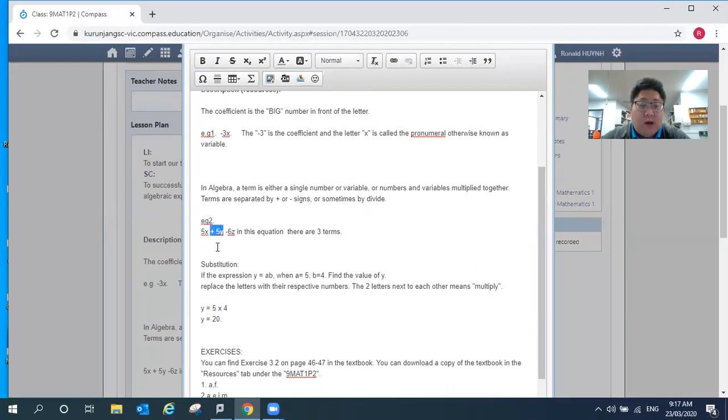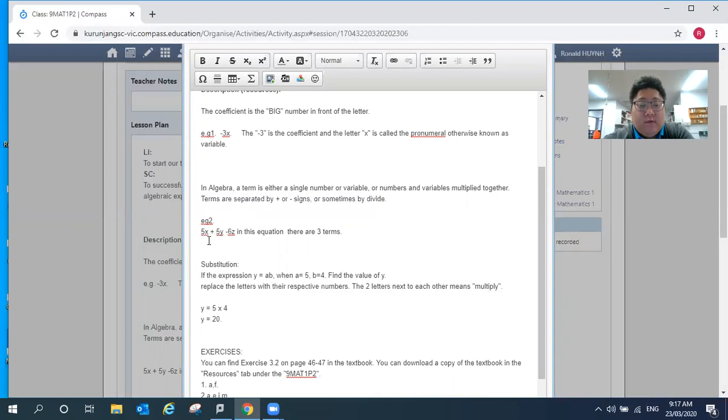Because they are separated by a plus or a minus or a divide. In this case, we don't have a divide. So 5x is one, 5y is one, and -6z is one. For the 5x, there's nothing in front of it, but we assume that it is positive. So in this expression, there are three terms.